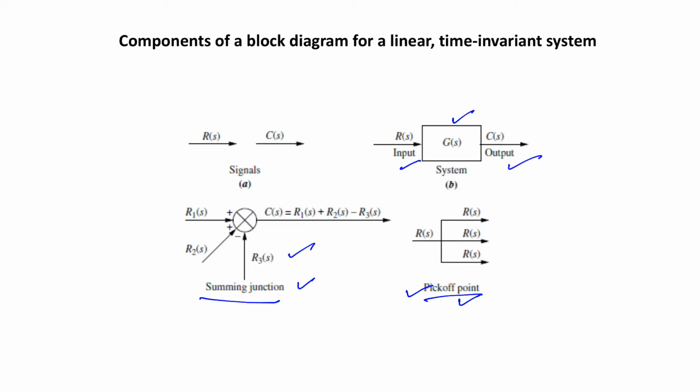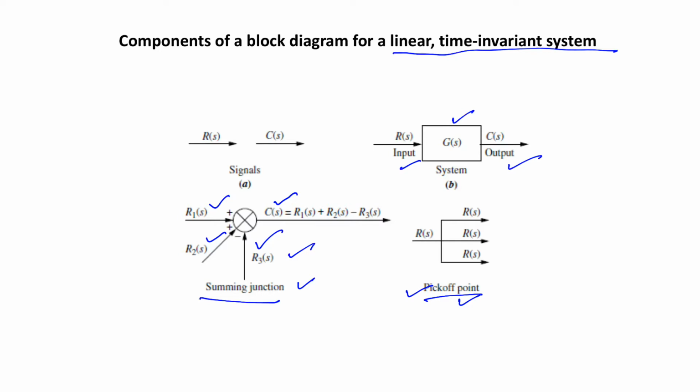Now here the components of the block diagram for the linear time invariant system are shown. In this case, the characteristic of the summing junction is that the output signal is the algebraic sum of all the three input signals.